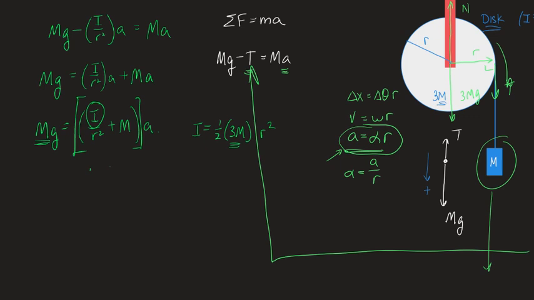I'm using this as an example because you need to see this kind of stuff. I can put in the moment of inertia. Truthfully, it would have been easier to put it in earlier, but I wanted you to see all of the parts. So I put this in.